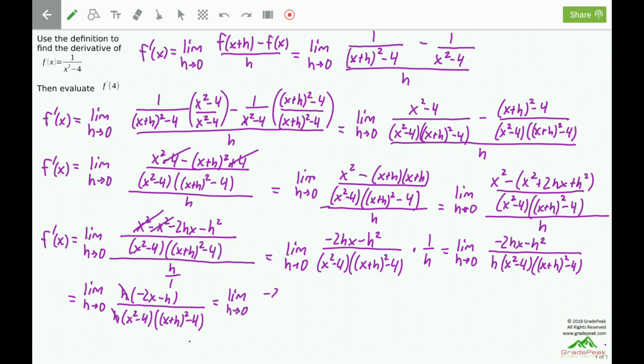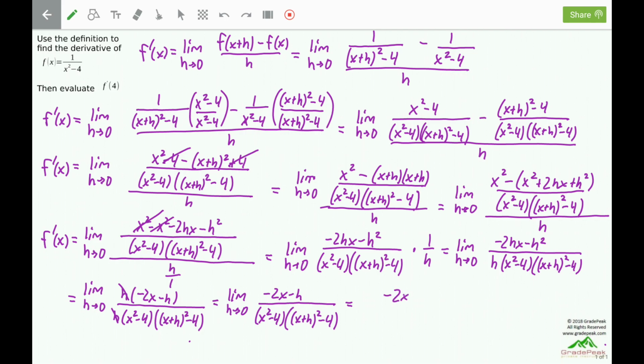I will just rewrite what we have left, which is a negative 2x minus h in the numerator, and x squared minus 4, and then an x plus h quantity squared minus 4 in the denominator. And we can now, that we no longer have the 0 over 0 indeterminate form, put a 0 in for each of the h's.